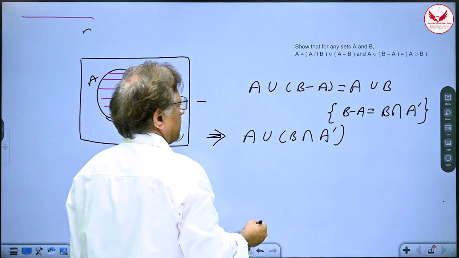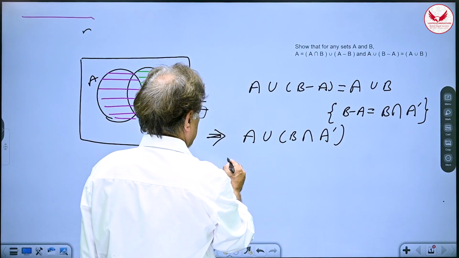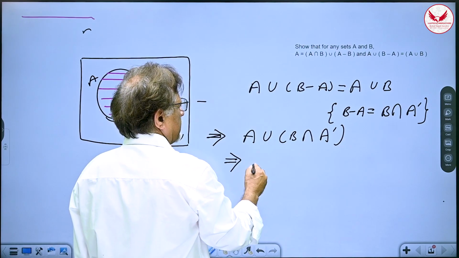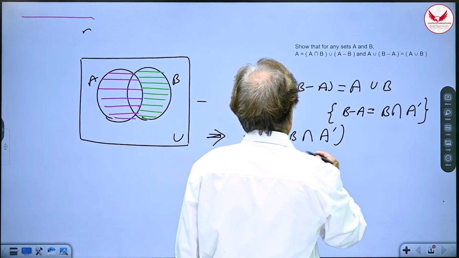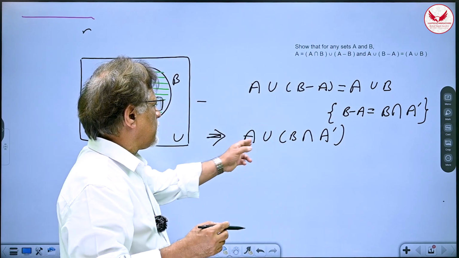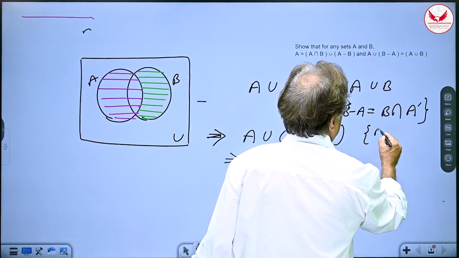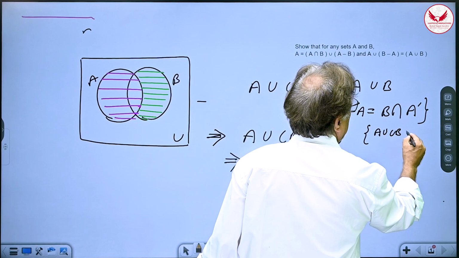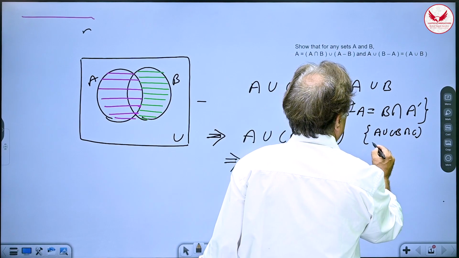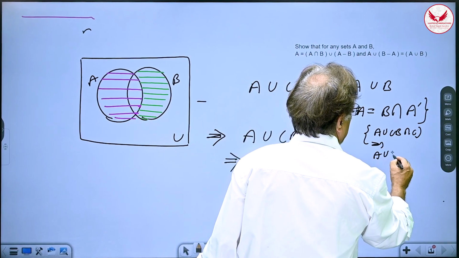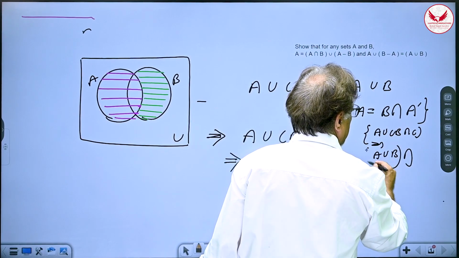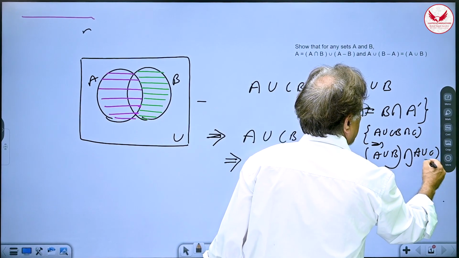Okay. Now, there is a distributive law of union over intersection. What is the distributive law? A union B intersection C can be written as A union B intersection A union C. Correct?